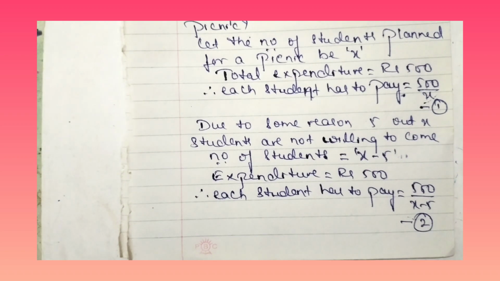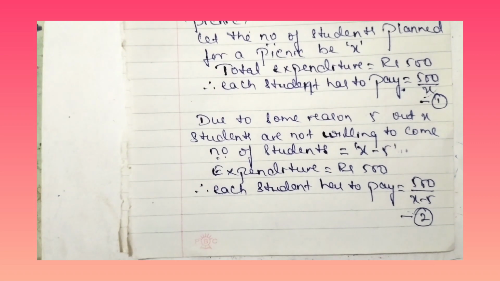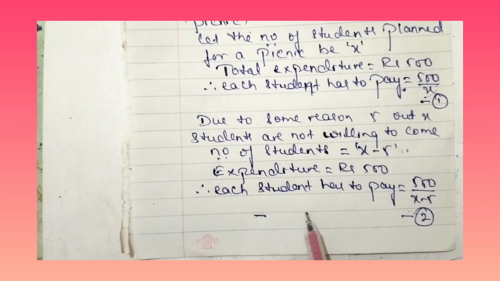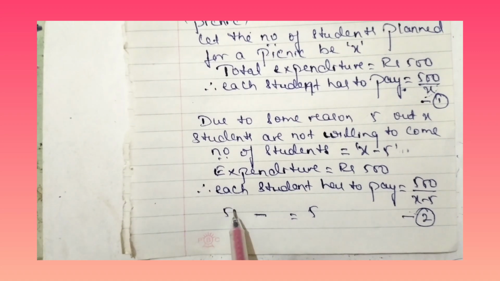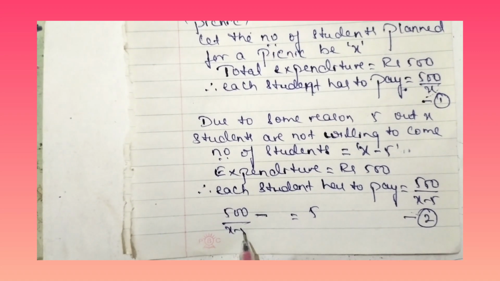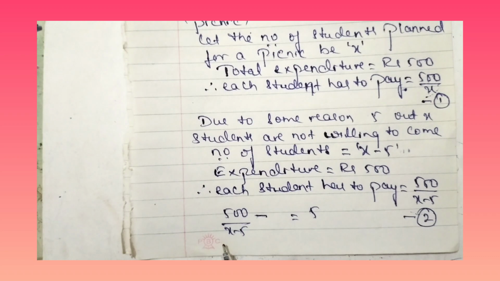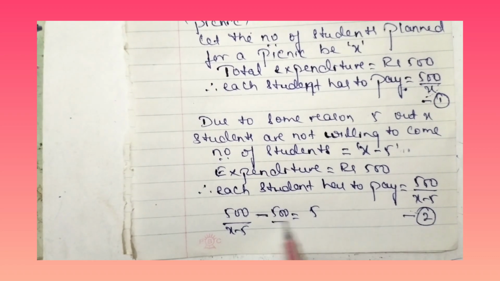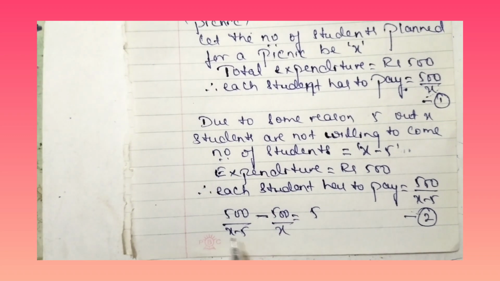So the difference between these two will be equal to 5 rupees. So 500 divided by x minus 5, here due to fewer students the expenditure will be more, minus 500 divided by x. The difference between these two will be equal to 5.